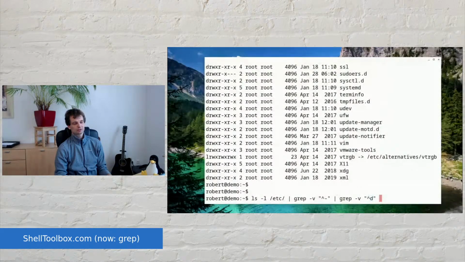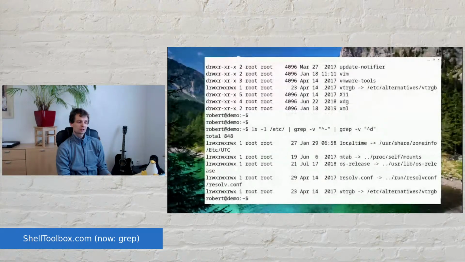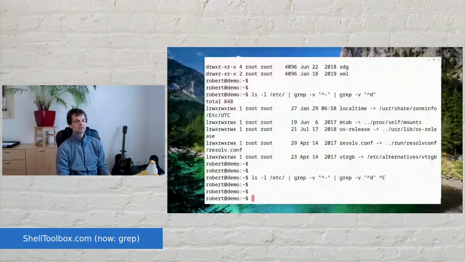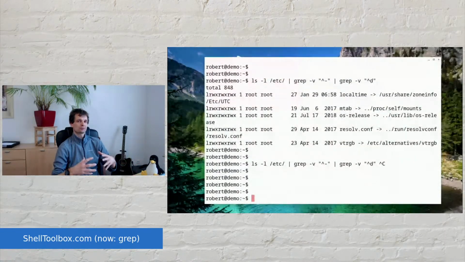So let's filter out these lines too, and you see only 1, 2, 3, 4, 5 entries left, and all these lines start with an l, so these are symbolic links. So this is a great way of using grep if you want to filter something out. If you don't want to see all the lines, just use grep -v.